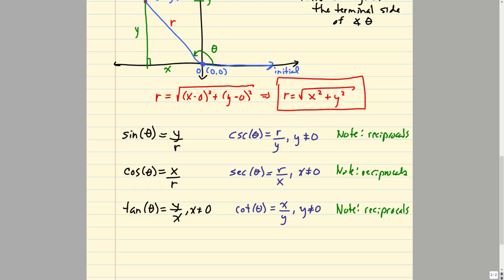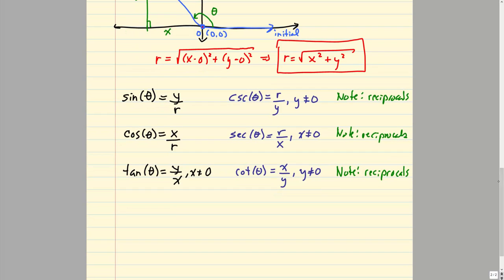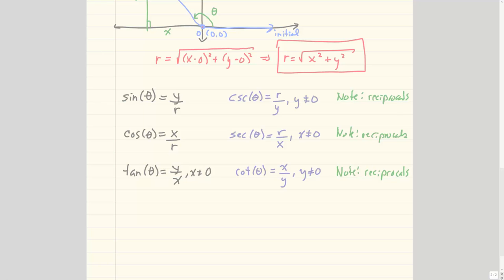But if you remember that they're reciprocals, I can also find cosecant, secant, and cotangent using the calculators as well. So what I'd like to do with this information is run through a few problems. I'm going to pop in some problems that you'll see in my math lab, and that way we'll be able to work through those problems that are specific to your problem set in your homework.